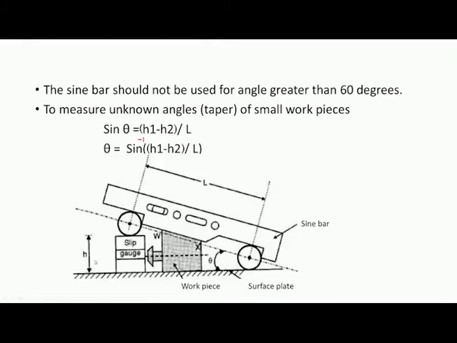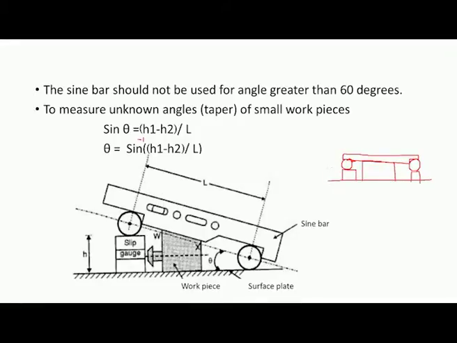and this is h1. If we have the arrangement like this, so this is the surface plate, and then this is the component, the taper of which is to be measured, and then we have to mount the sine bar like this, and now this is the roller and we have another roller here. So, in this case we have to fill this gap between rollers and surface plate using the slip gauges.